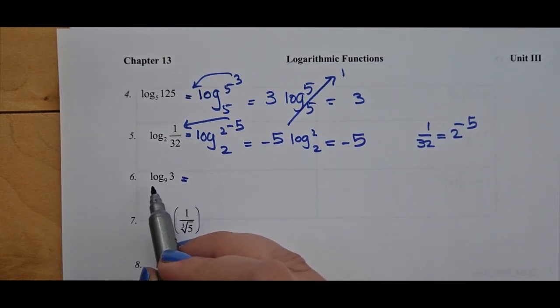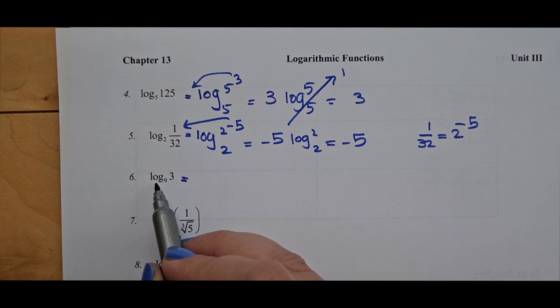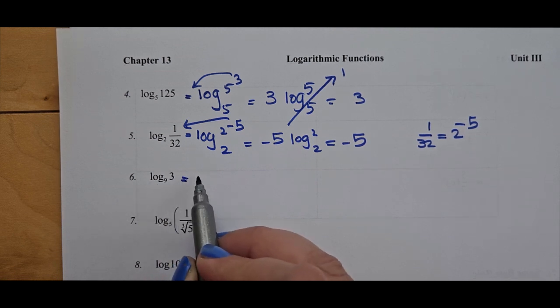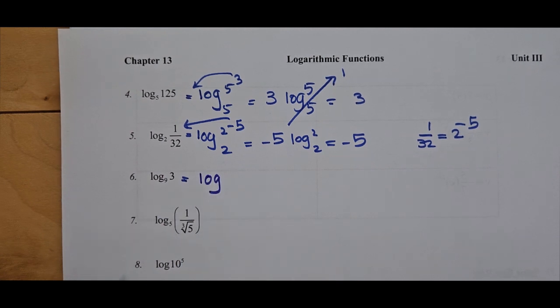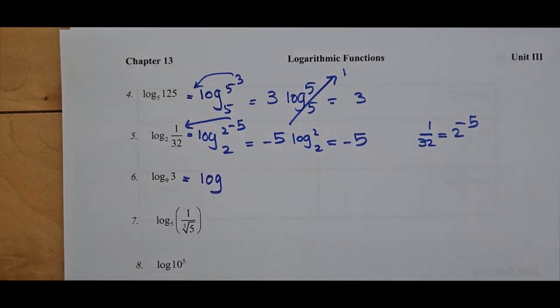Now here, you have log 3 to the base 9. But what you can do maybe here, because remember, guys, we want to use the laws we learned so far, right?